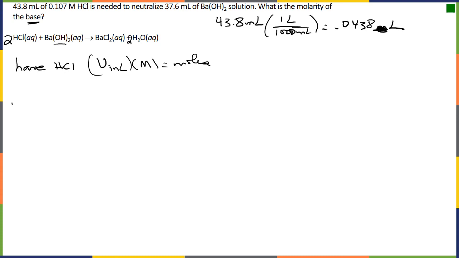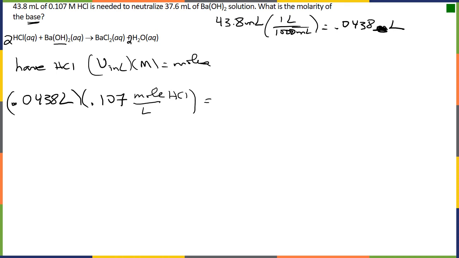So here we go. 0.0438 liters multiplied by 0.107 molar. And remember that molar is mole per liter. This is of HCl. It's going to give us the number of moles of HCl, and that's going to be 0.00469 mole of HCl. That's moles of what I have.